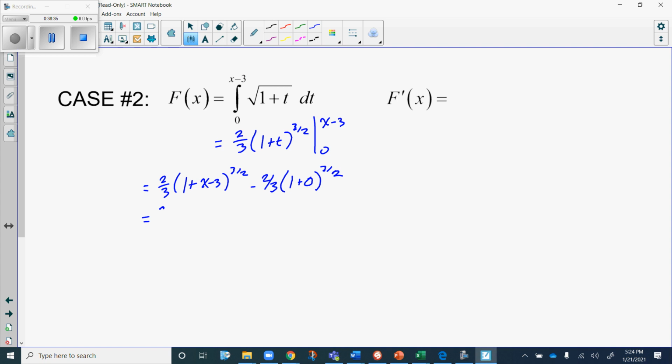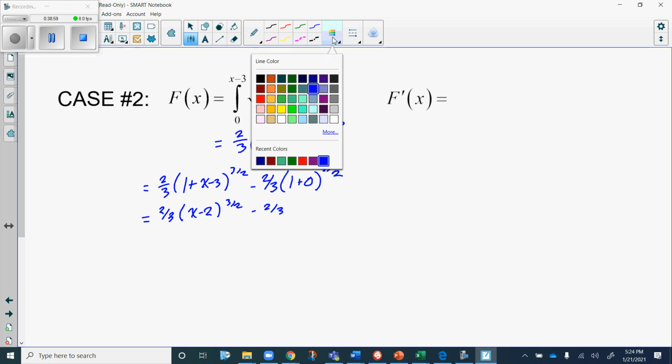So here we get 2/3 times x minus 2 to the 3 over 2 power. And the second part is just going to be minus 2/3. Okay, so that is the expression of the antiderivative. Now again, I'm not going to use the space on the right side here to illustrate.